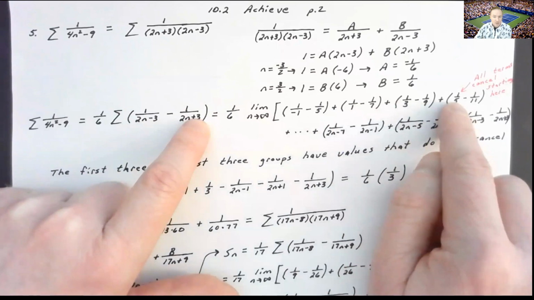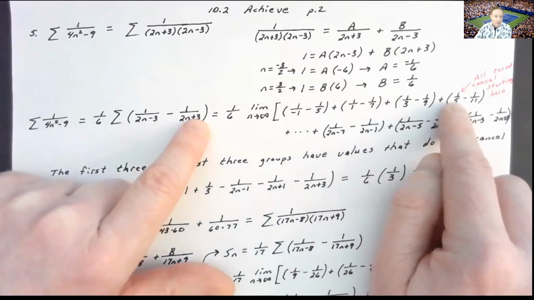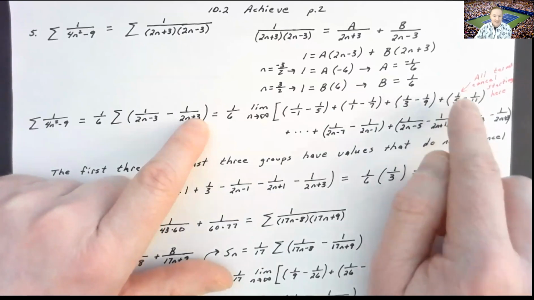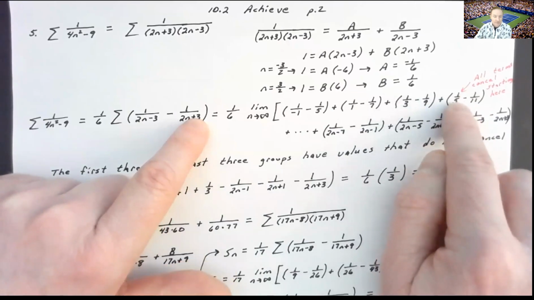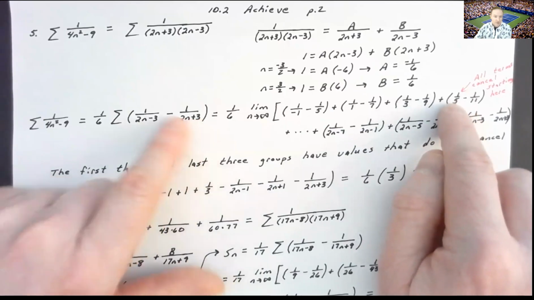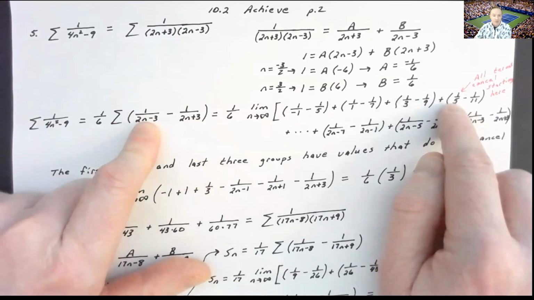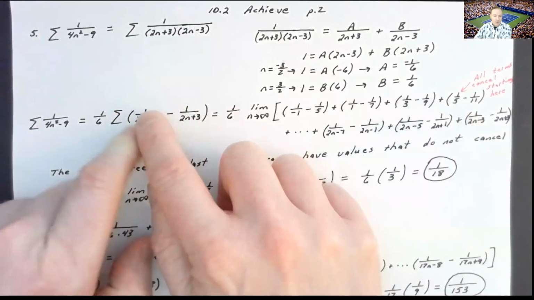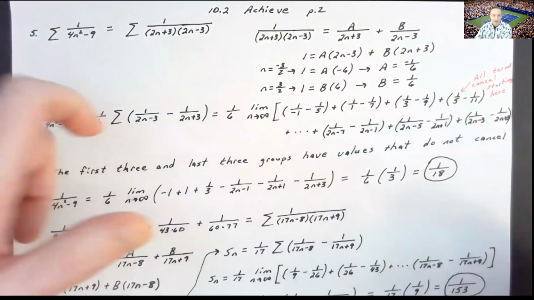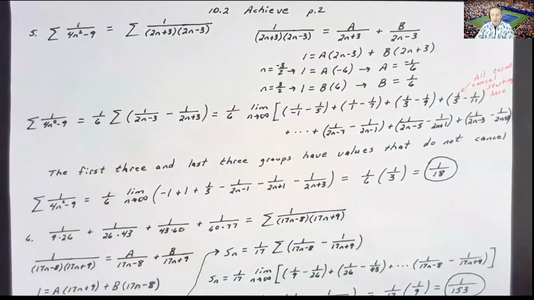Now here's where you start to realize, okay, almost every single term in here is going to cancel out. Right here, please notice the first part of the fourth term. You'd say, well, I need to plug in n equals 4. This would be 1 over 2 times 4 minus 3. That'd be 1 over 8 minus 3, which is 1/5.